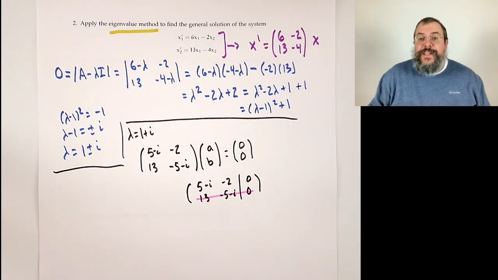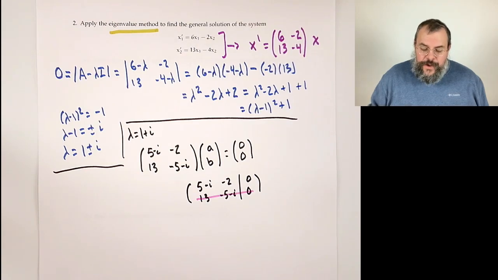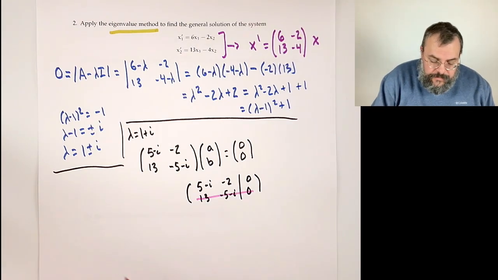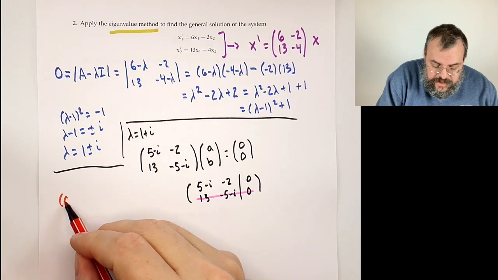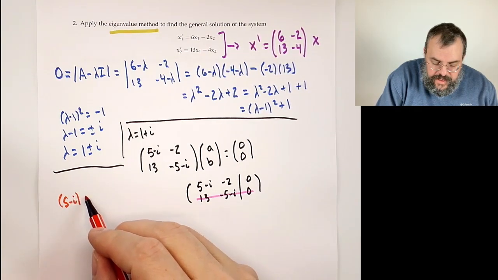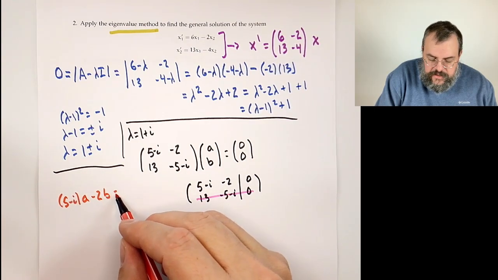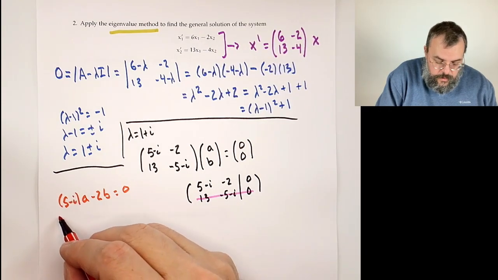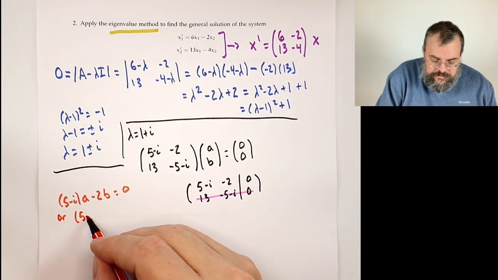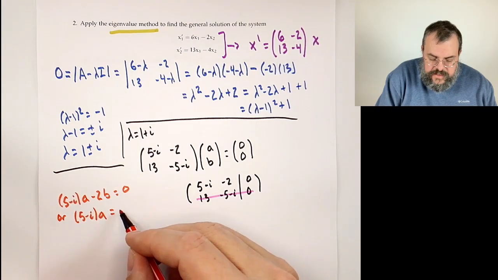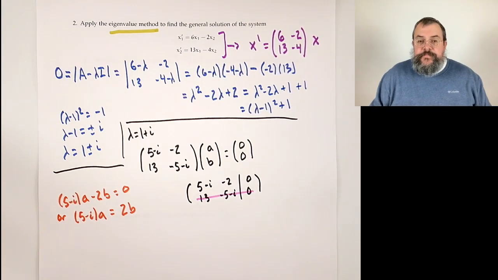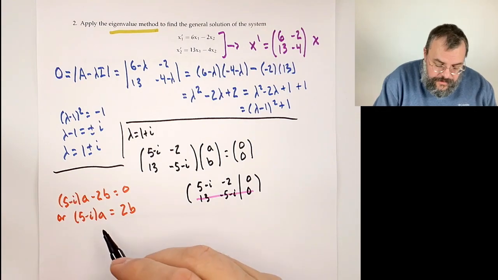And so the punchline is that really what we need to have hold is that 5 minus I times A, so I'm just reading off this equation, minus 2 times B has to equal 0. Or we can say 5 minus I times A needs to equal 2 times B. And now, hey, there's a really simple way to do this, and it's to do the following.